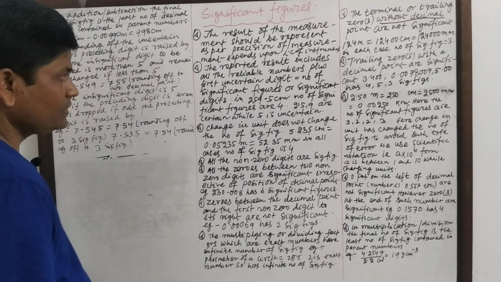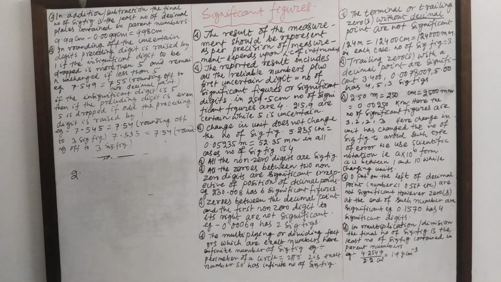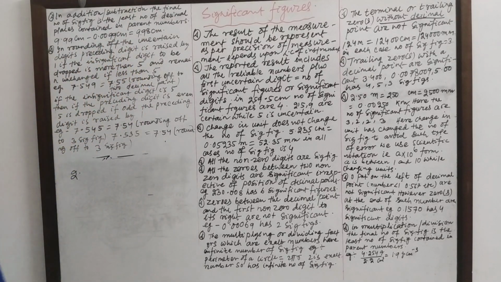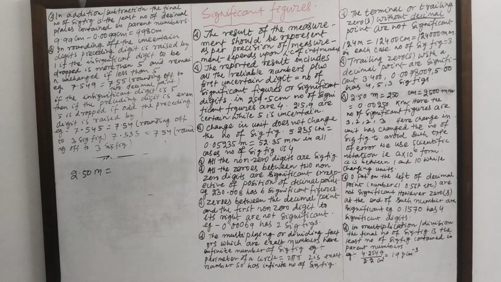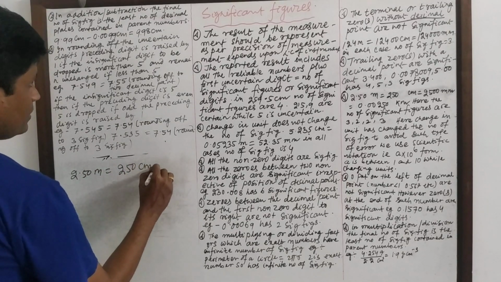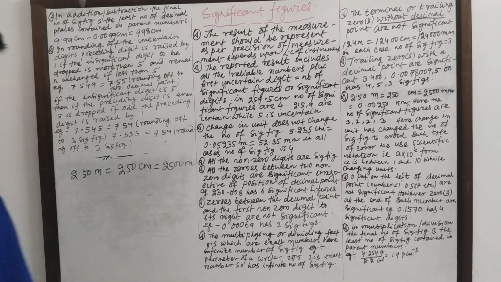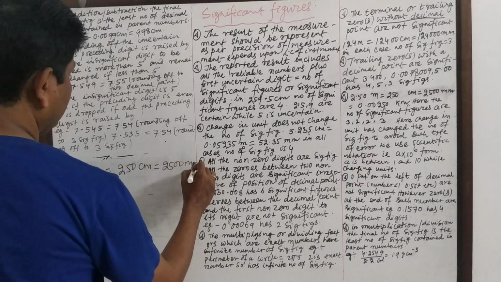Now take an example, conversion of units: 2.50 meter is equal to 250 cm is equal to 2500 millimeter.